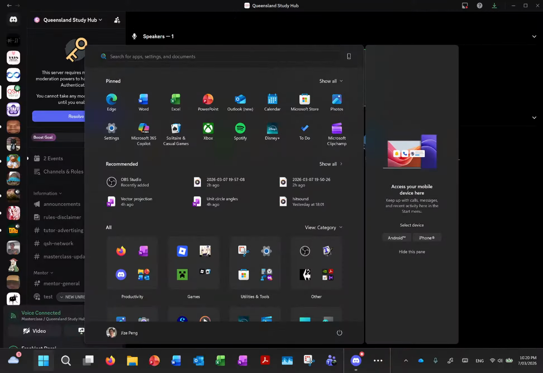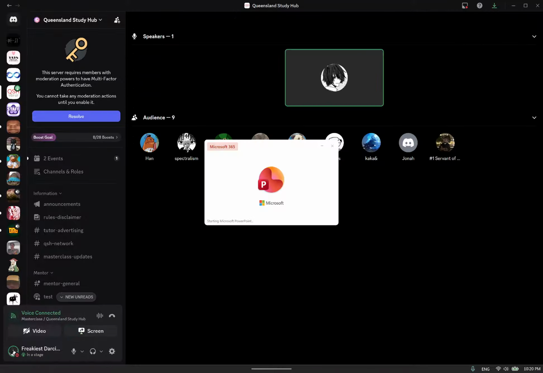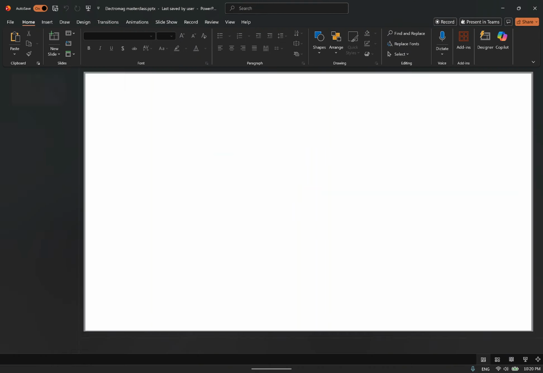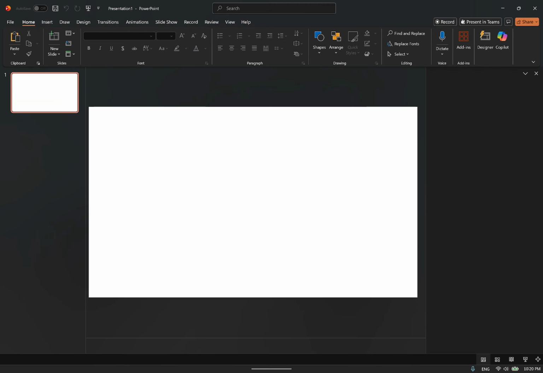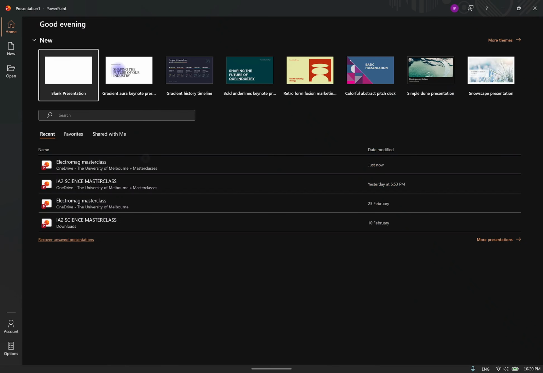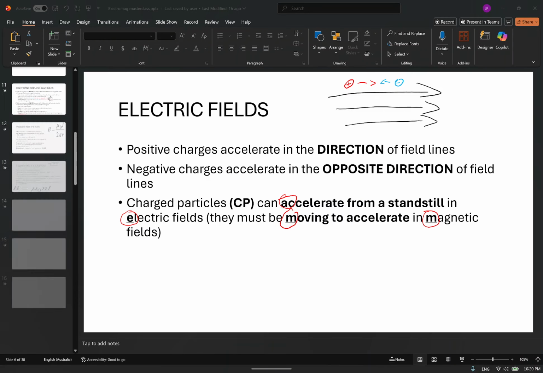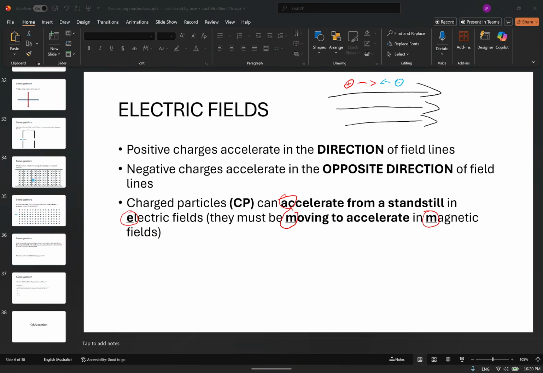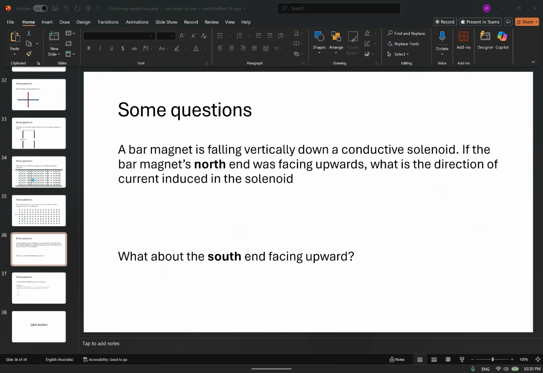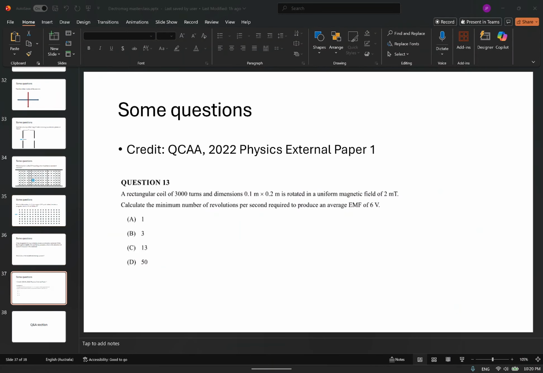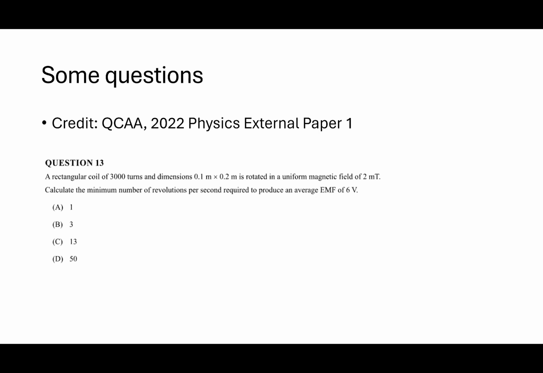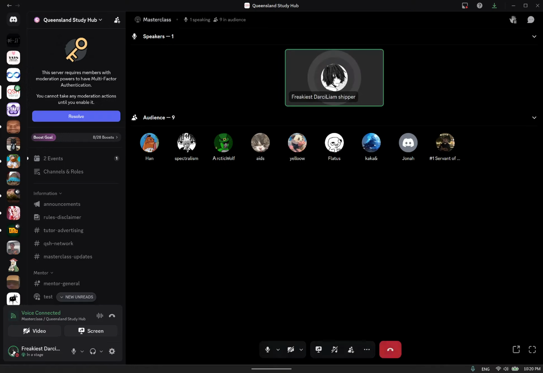So does anyone have any questions so far with electromagnetism? Anything we've talked about so far? Okay, on to the next question. I've got it back up.